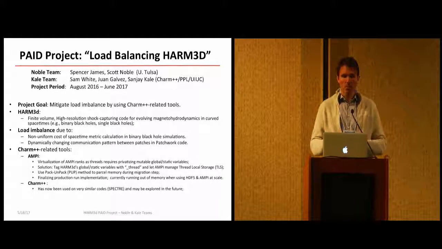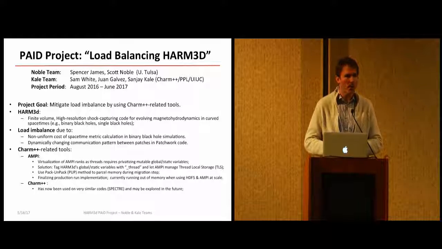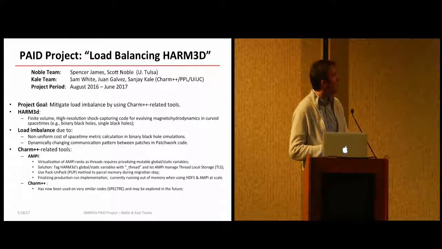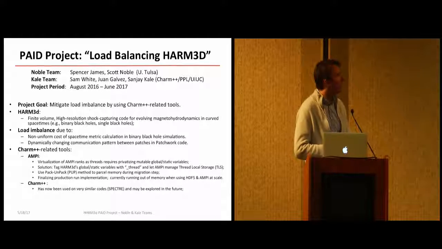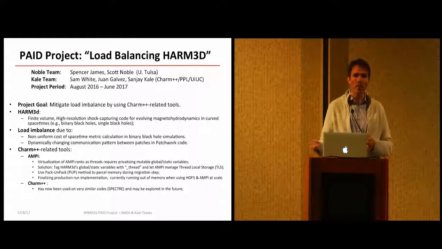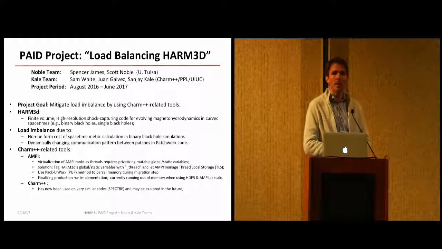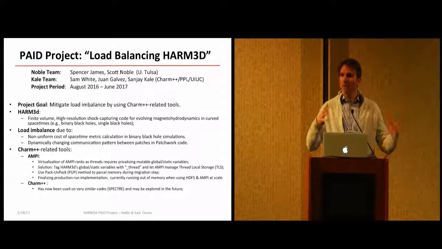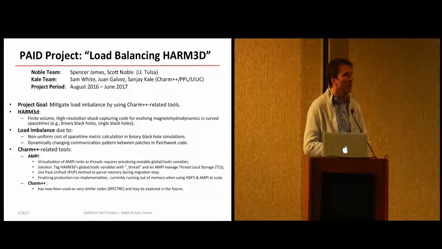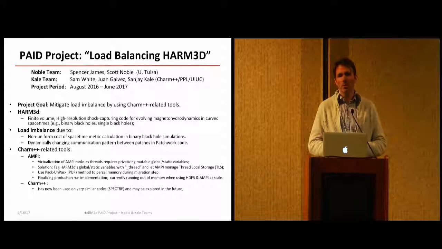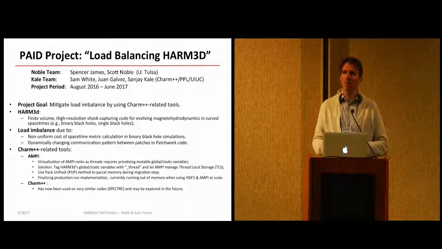So this project was going to allow us to get load balancing experience using AMPI, the AMPI tool, which is a charm++ derivative. It uses the charm++ code, but in a way that doesn't require the user to rewrite the code in the charm++ language.